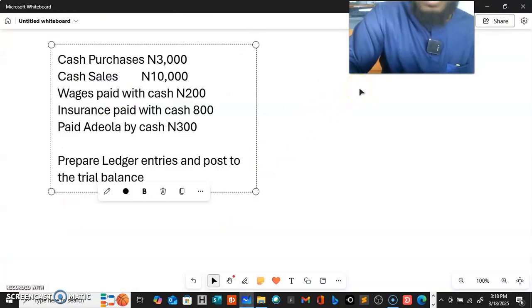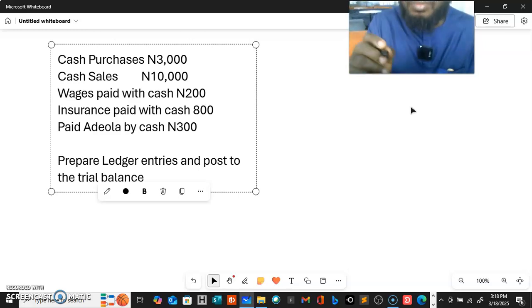So right here we have some questions. The first question says cash purchases. We're going to prepare the ledger accounts, then subsequently post to the trial balance. So I have cash purchases.